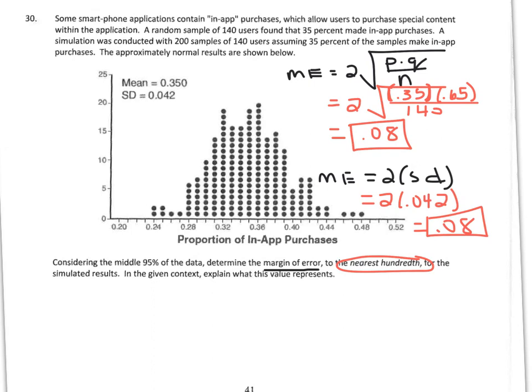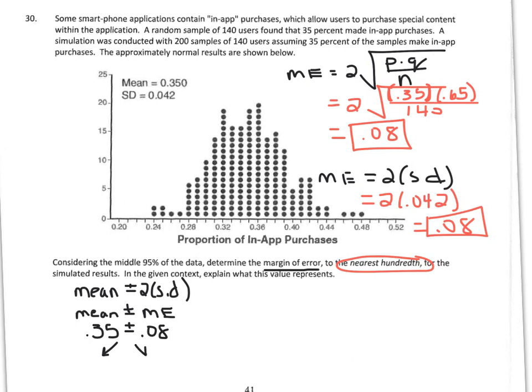So we know in order to do that, we do the mean plus and minus, either the margin of error or 2 standard deviations. I'll write them both out, but it's really the same thing. The mean plus and minus 2 standard deviations, or the mean plus and minus what we just found, the margin of error. Okay, so we know the mean, they give it to us right here, is 0.35.